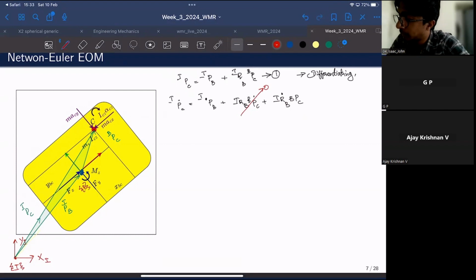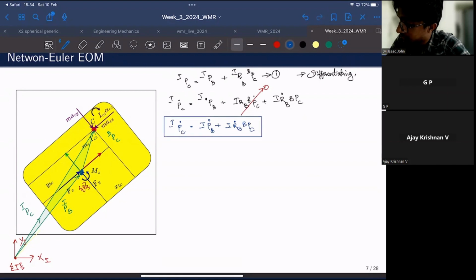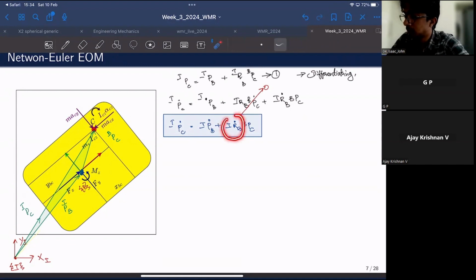If that is the case, then you can rewrite this expression as the derivative is I P dot B plus I R B dot B P C. So I'll just put this under a box. And again, we may also have a term that is not very familiar to us.